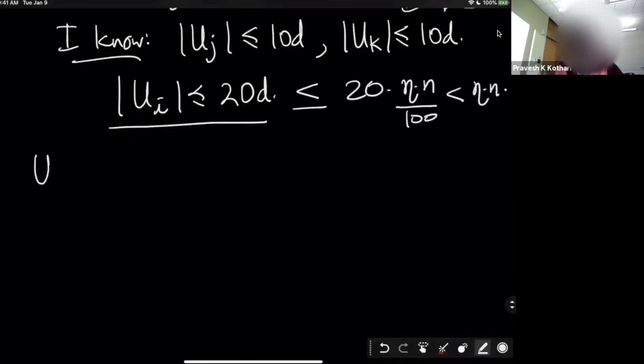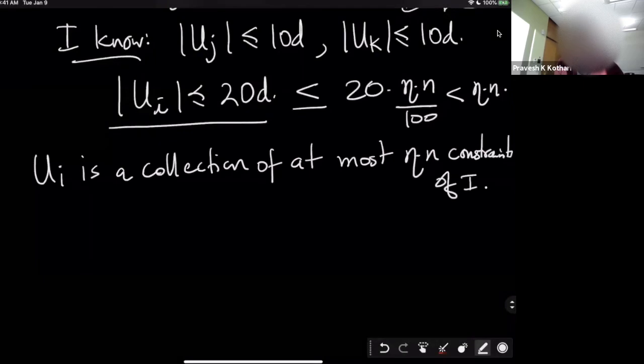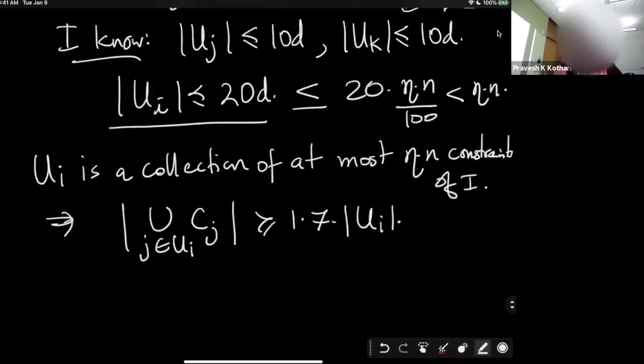So ui is a collection of at most eta n constraints of I, right? And so, by expansion, I know that the union of c_j for j in ui is of size at least 1.7 times the number of constraints in ui.